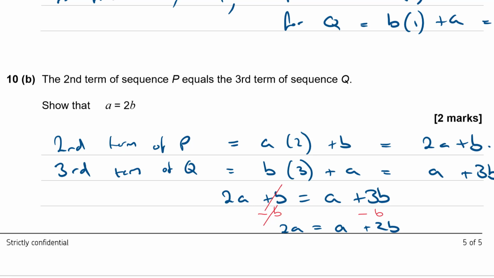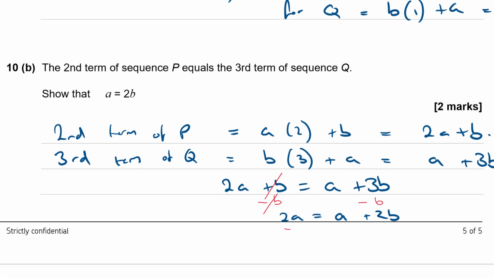And then if I take a off both sides, subtract a, that will cancel with that, and that will leave me with a is equal to 2b. Oh, that's what I asked to show, wasn't it? A is equal to 2b. So it kind of almost fell off the bottom of the paper there, but we seem to have got to the end. Well, that's that.